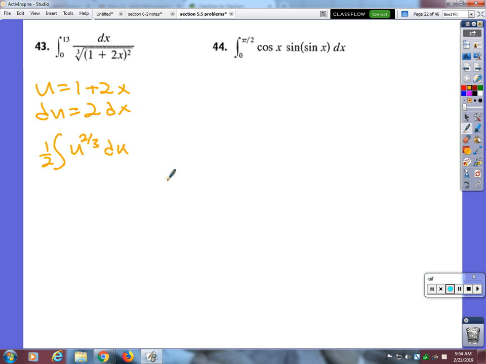What do you get when you plug in 0? Yeah, but we have to change these things based on our u-substitution. If you plug in 0, you get 1. What do you get if you plug in 13?